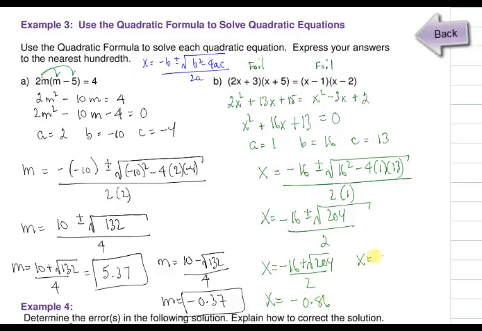And my second root is negative 16 minus the square root of 204 over 2. And so I get x equals negative 15.14 to the nearest hundredth. So there are your roots for b. Okay, so this finishes our discussion on example 3.